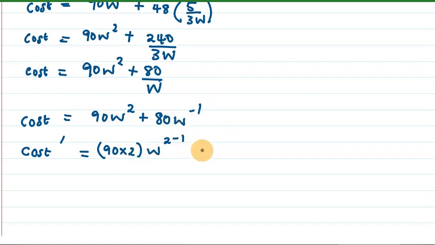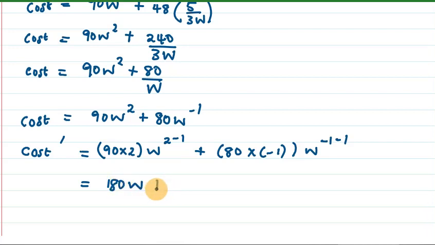And also here, we have plus 80 times minus 1, and you end up with W to the power of minus 1 minus 1. So as the result, 90 times 2 becomes 180 W, plus 80 times minus 1 becomes minus 80, but it's W to the power of minus 2.